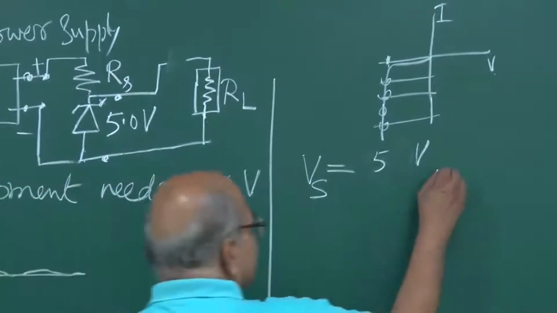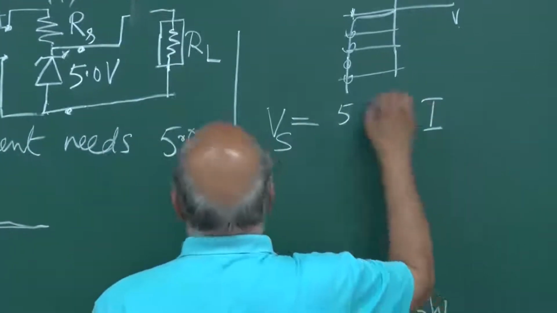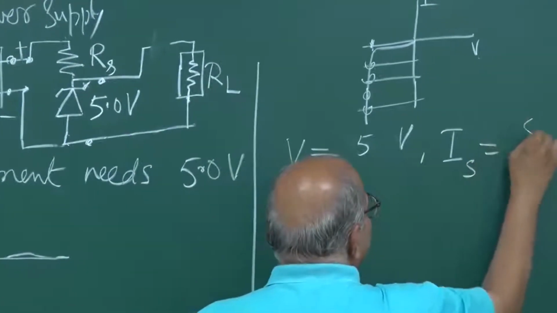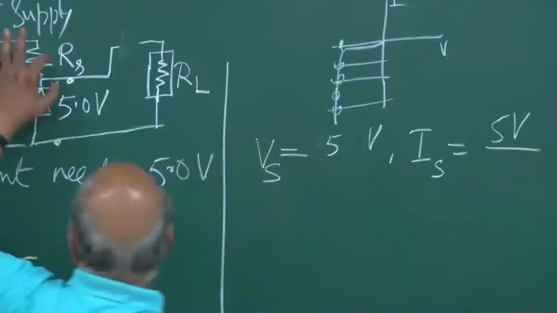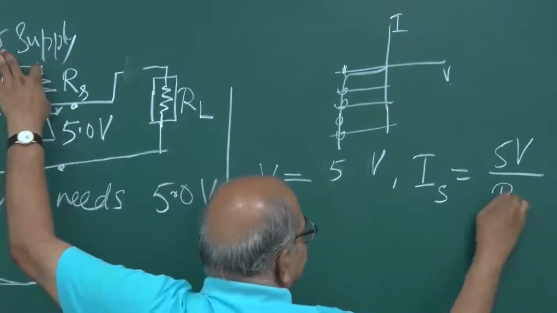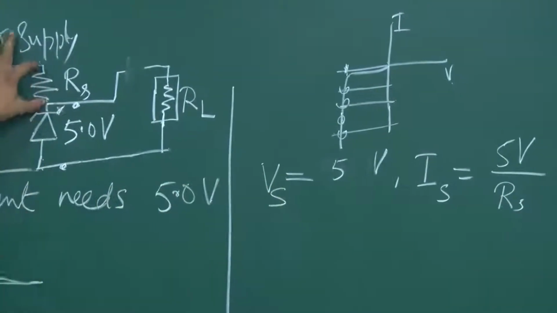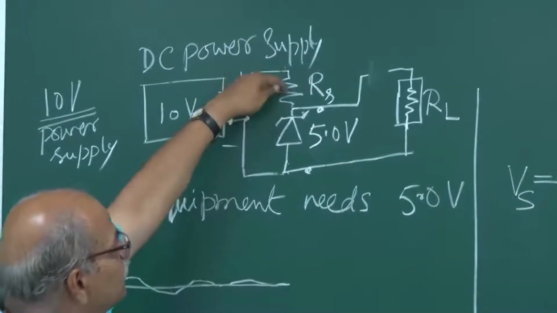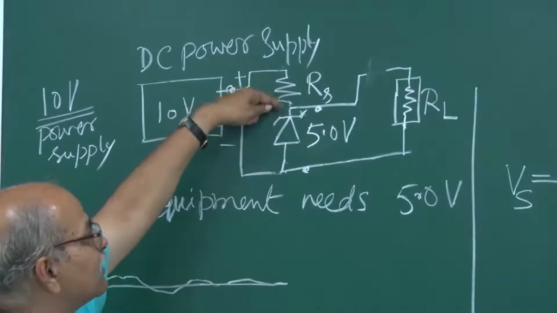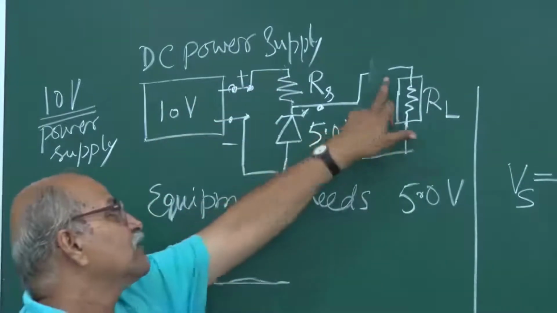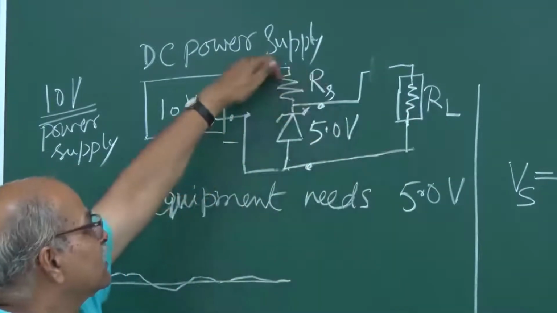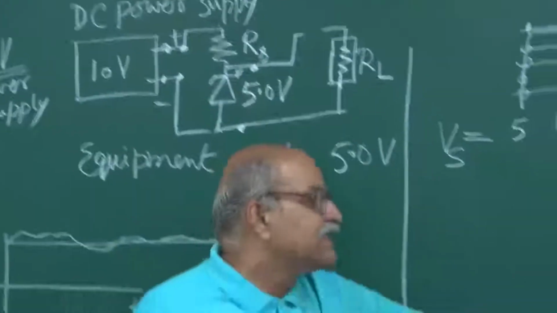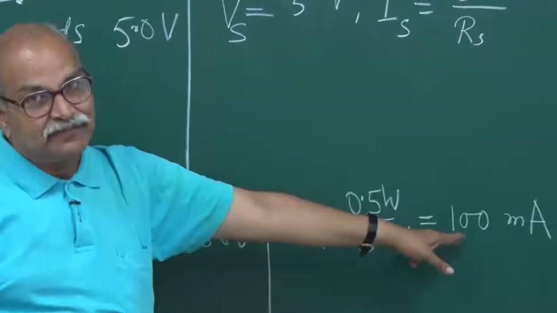Nevertheless, what is the current through this RS? That current will be 5 volt divided by this RS. Voltage drop divided by resistance is the current. That same current is going through the Zener, because I have already broken the load part, and that current should not exceed 100 milliampere.